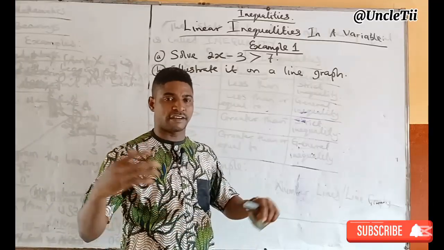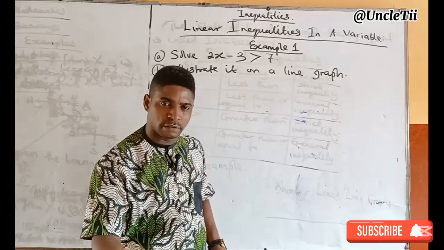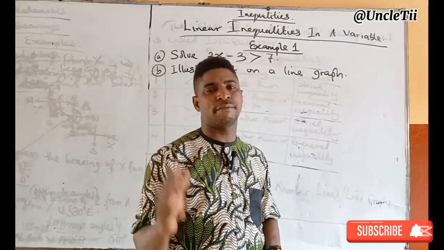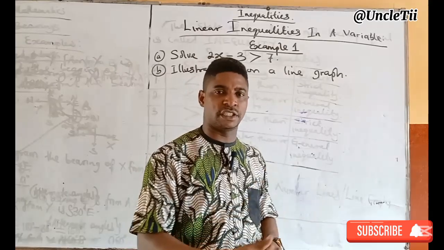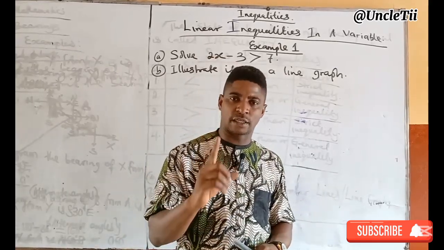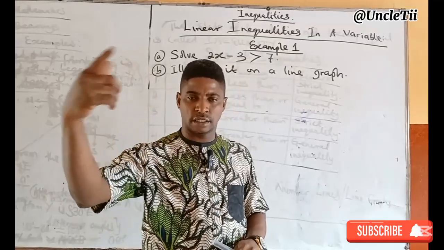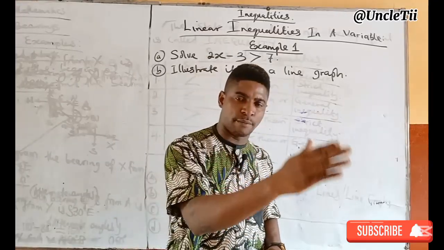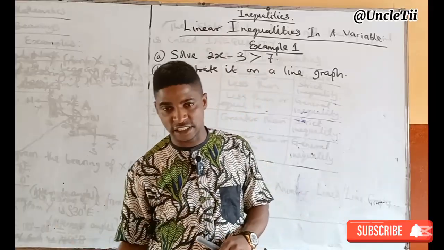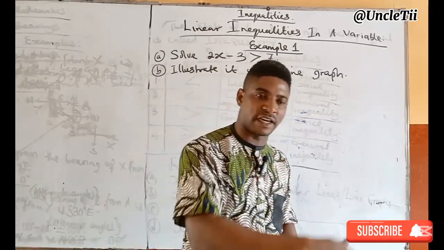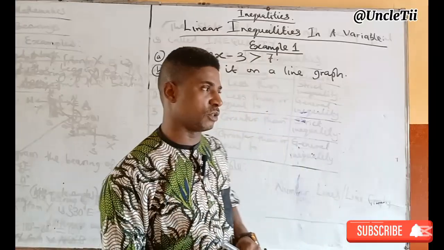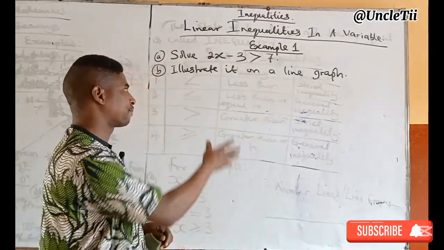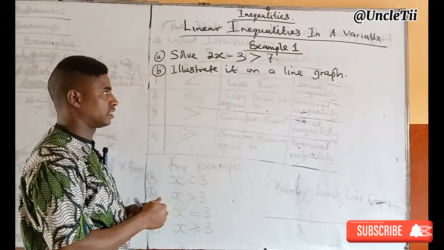Don't forget that we have said the processes for solving inequalities are the same as the processes for solving equations, except that we need to take two additional cautions, which are when you are multiplying by a negative constant, change the inequality sign, or when you are dividing by a negative constant, change the inequality sign. Let us see how these work via this example.